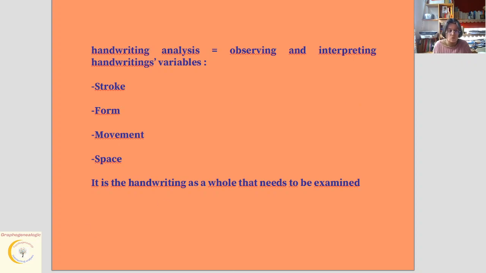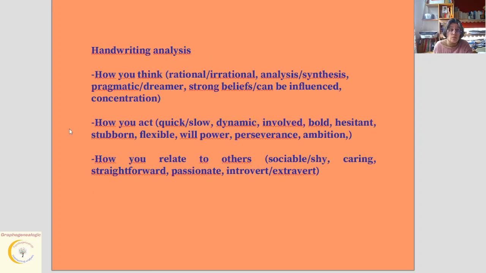Okay, so the writer's portrait will draw a picture of the strong and weaker aspects of a person, you know, and usually it's made into three parts. We will examine or tell about the way you think, the way you act, and the way you relate to others.